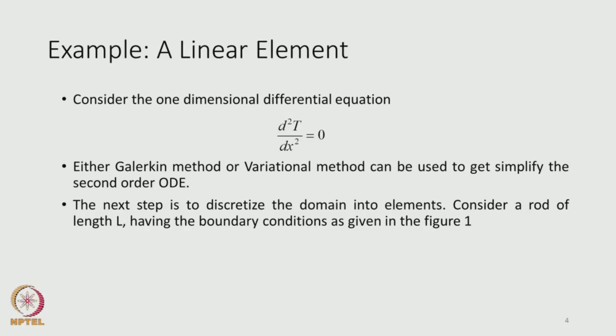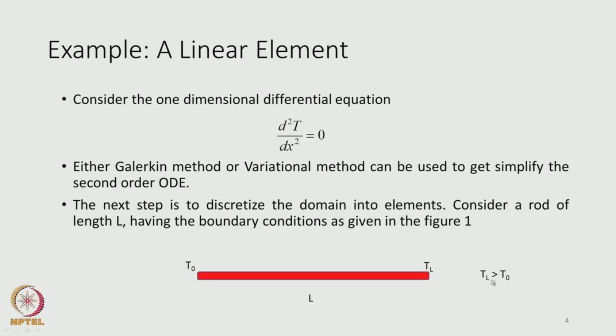Next, we discretize the domain into a number of elements. So, consider a rod with length 0 on the left hand side and the length running to the other side, the length corresponds to L, and the temperature on one side is T0 and the temperature on the other side is TL.